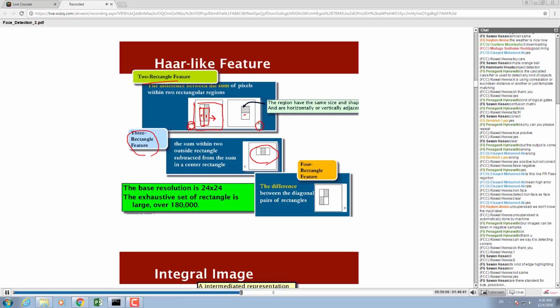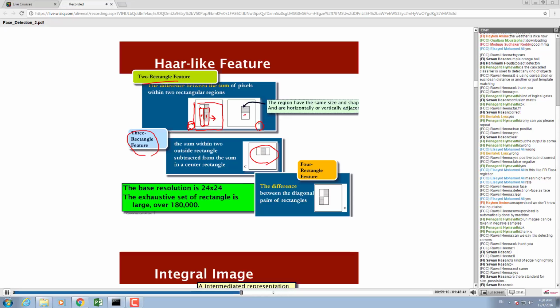But in every implementation, you can change it a little bit considering the performance. You have to find the best configuration. But the one important thing is you have to provide diverse sizes, positions, and directions. That is more important.